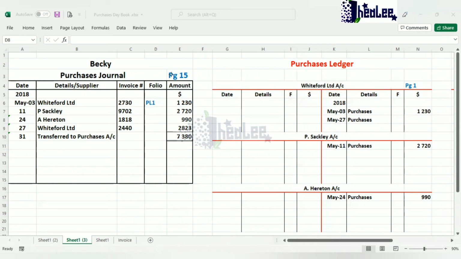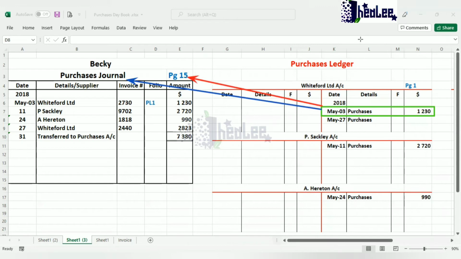Okay, let's complete the folio in Whiteford Limited's account. We have two entries there. On May 3rd, on the credit side, where did we get this entry from? May 3rd, purchases as the details, the amount is 1,230. This entry was taken from the purchases journal, and it was on page 15.